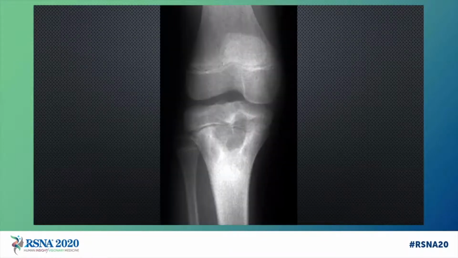The first case is an 8-year-old patient with knee pain. It's a frontal view of the knee demonstrating an osteolytic lesion at the proximal tibia extending into the epiphysis. When we analyze the lesion a bit further, we see that the lesion is U-shaped, which is odd for a neoplasm, which usually grows in a sphere.